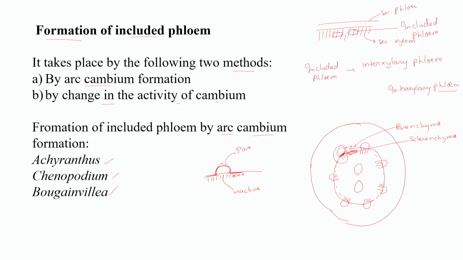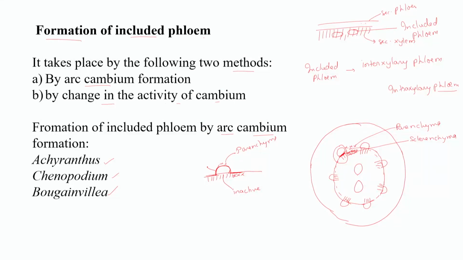Just adjacent to this phloem, this parenchyma will become meristematic in an arc-like fashion, forming an arc over the phloem. So we can say that this is the arc cambium, and this arc will now join the previous cambium, which was cutting tissues.